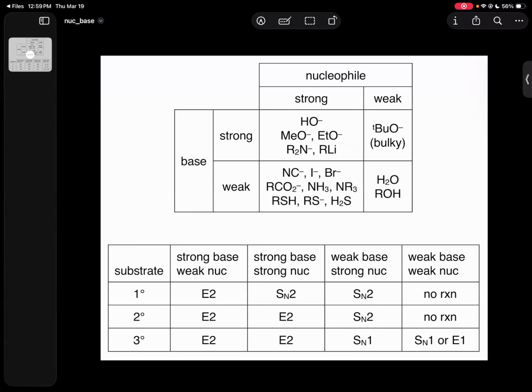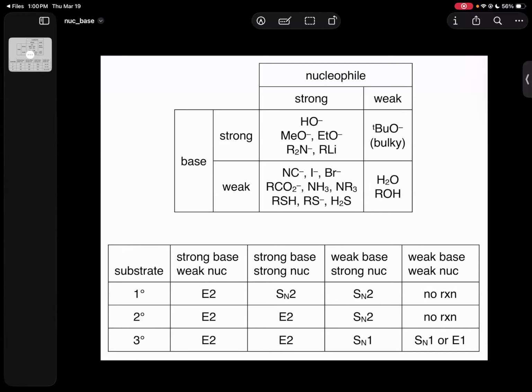This is how you're going to decide, when you see a reaction, what type of mechanism is going to happen. The first thing has to do with nucleophiles and bases, whether they are strong or weak. All of these molecules can act as nucleophiles or as bases, but whether they are strong or weak is going to determine what kind of mechanism will happen.